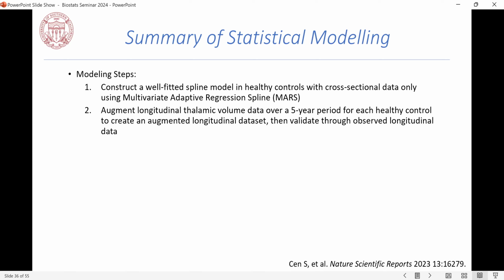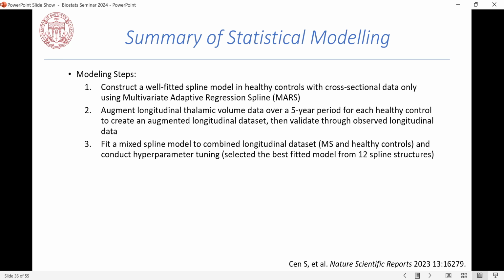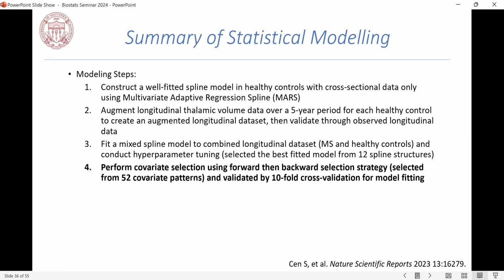Then we augment the longitudinal data: two observations younger than the observed age and two older than the observed age, so every subject has 5 years of follow-up. Then we fit the mixed spline model to combine the longitudinal data from the MS and healthy population. We also fit the 12 spline structures and compare.